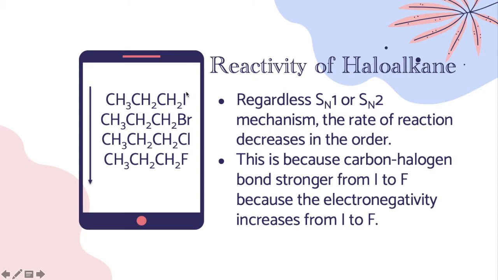Reactivity of haloalkane: CH3CH2CH2I is more reactive than CH3CH2CH2F, because it is easier to form the carbocation compared to this one, because the C-F bond is strong, so it's more difficult to form the carbocation. So when electronegativity increases, the reactivity of haloalkane decreases.